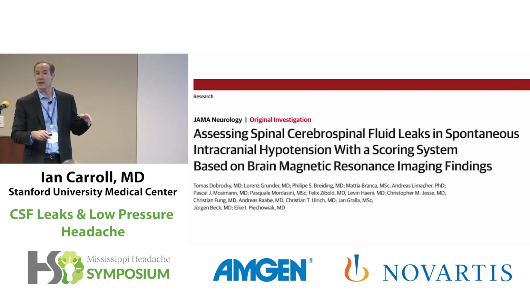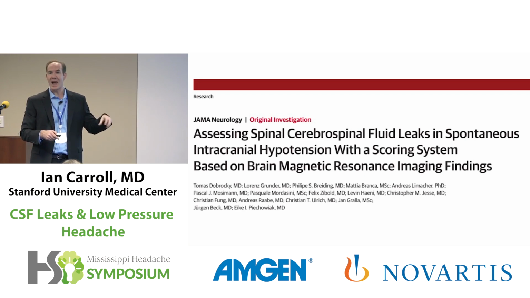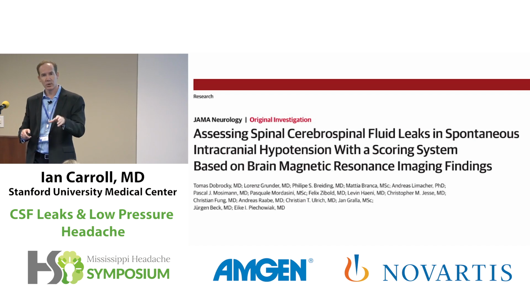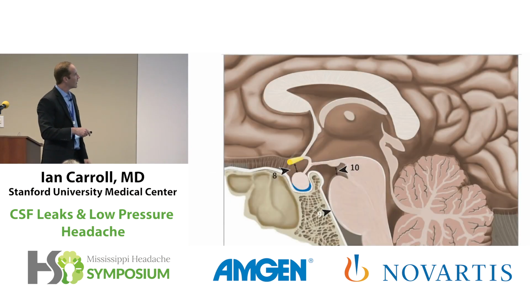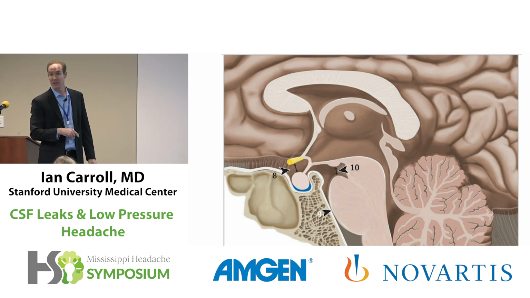And he compared the brain MRIs of the cases who had CT myelogram confirmed leaks and the controls, normal people, normal MRI brains. And what he found was some of the distances previously reported in several papers, including the suprasellar distance, this mammillopontine distance, and this prepontine distance, actually were as important at predicting whether you were going to have a positive CT myelogram as that pachymeningeal enhancement.